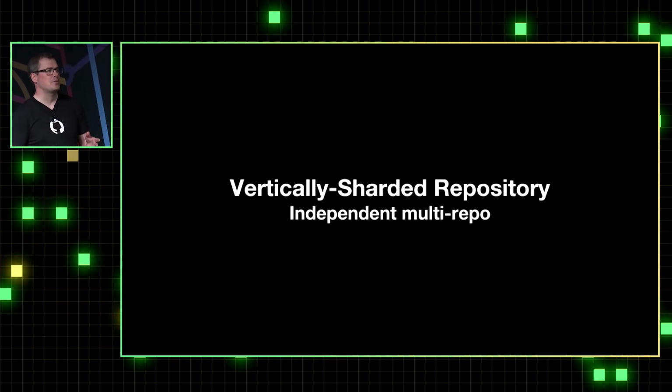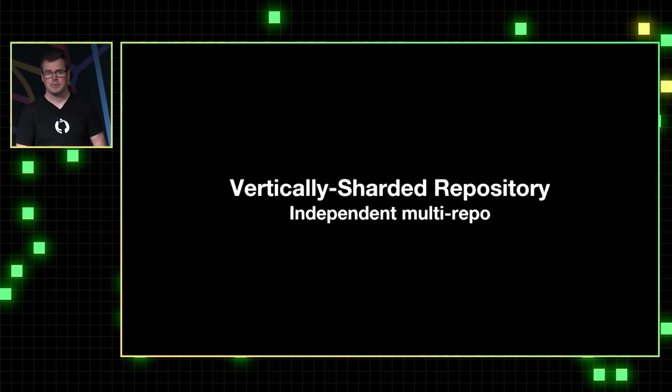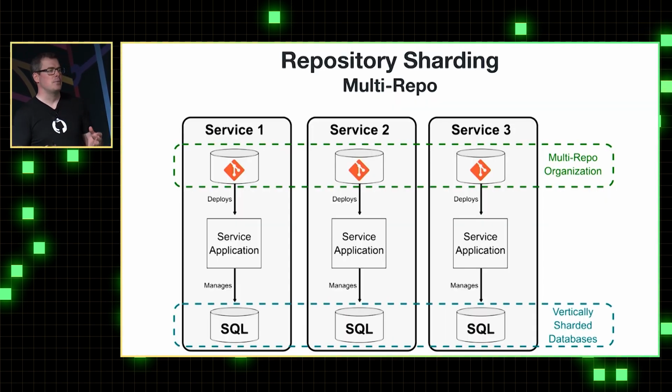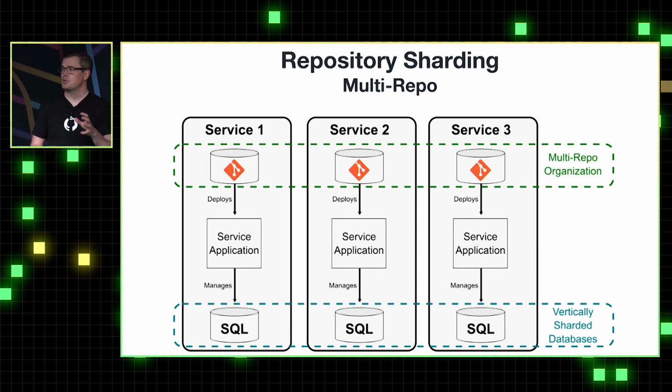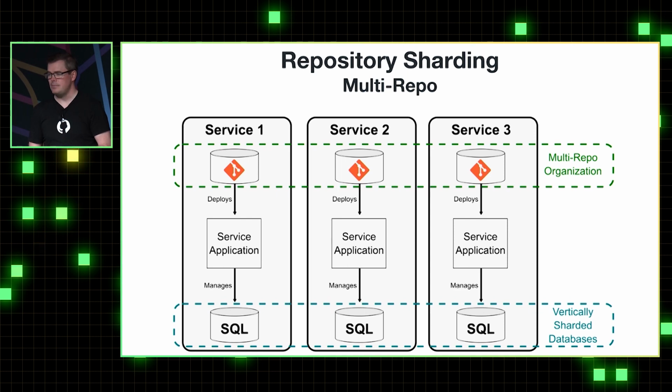So the first sharding strategy is vertically sharding, also known as functionally sharding. And the corresponding type of organization in Git is independent multiple repos. Now, this is a frequent thing that happens when you are in a microservice architecture, where each service has full control over its database layer. And then you have one repository for each service.